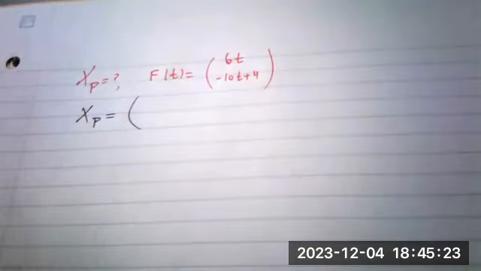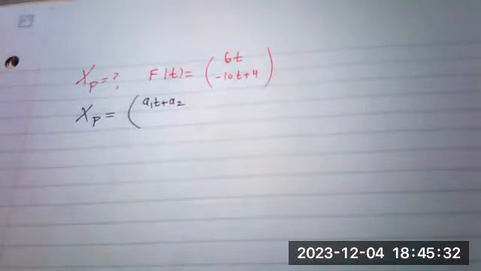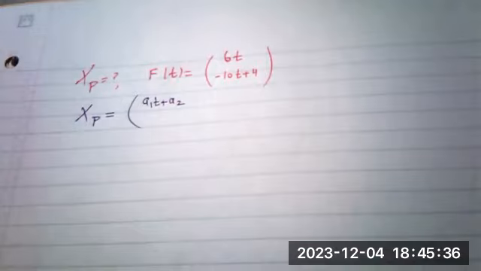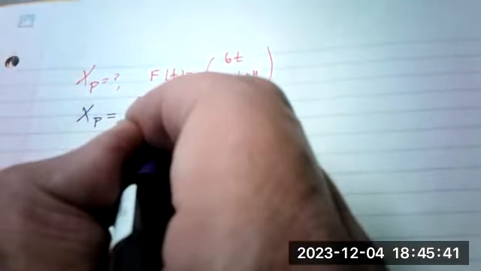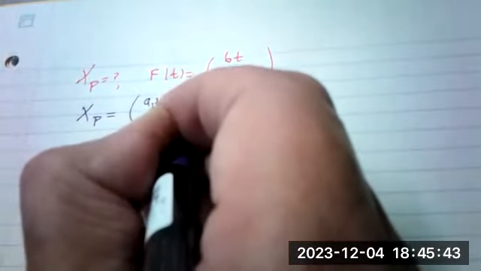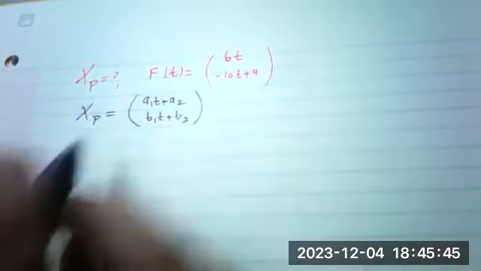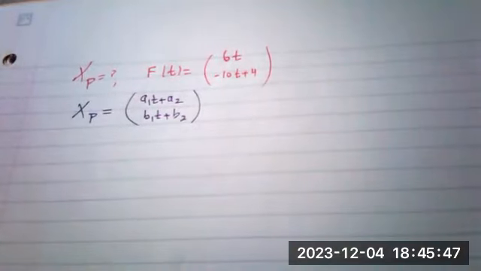So a1t plus a2. This is the notation that we use for the first one. For the second one, different notation, so I'm going to use something like b1t plus b2 for the second one. You can call it whatever you like.